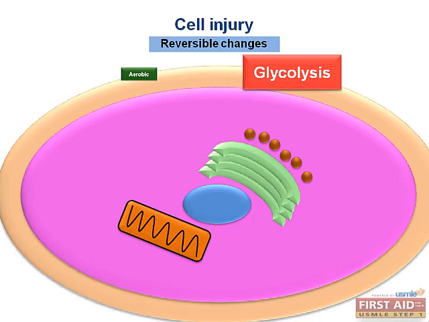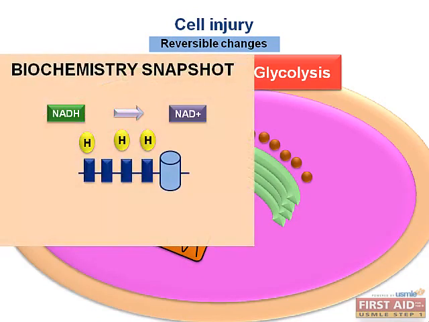So, again, a drop in pH will actually cause the cell to turn pink, but also the nucleus to clump up like that. But here's the biochemistry snapshot. Remember what I said, that there's no more flow of electrons anymore because there's no electron acceptor, so there's a stasis of electrons in these complexes.